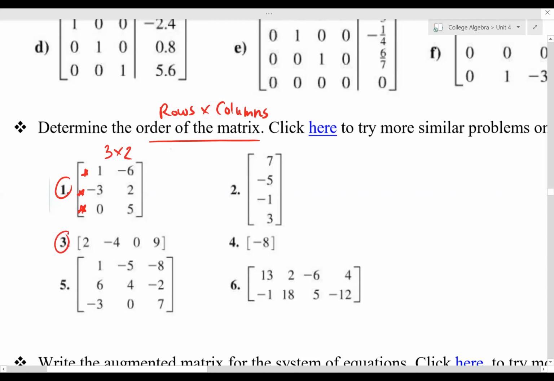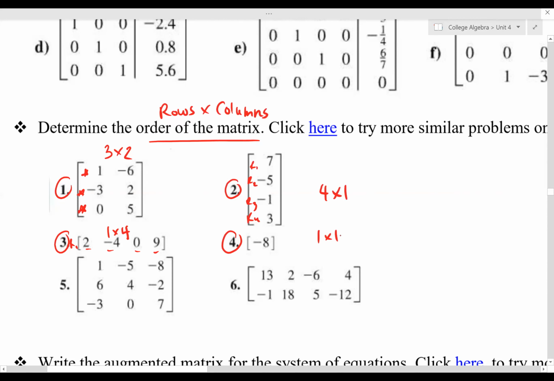The next example down beneath it has just 1 row, and it has 1, 2, 3, 4 columns, so this would be a 1 by 4 matrix. If we look across at example 2, it's got row 1, row 2, row 3, row 4. So it's a 4 row by 1 column matrix, 4 by 1. And example 4 just has one number inside of the matrix, so it's a 1 row by 1 column, a 1 by 1.